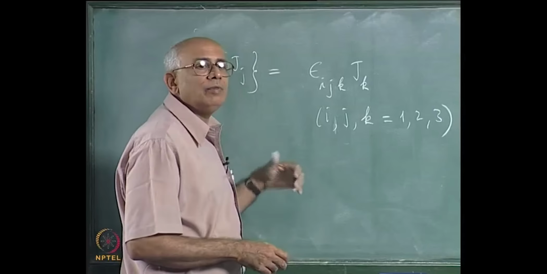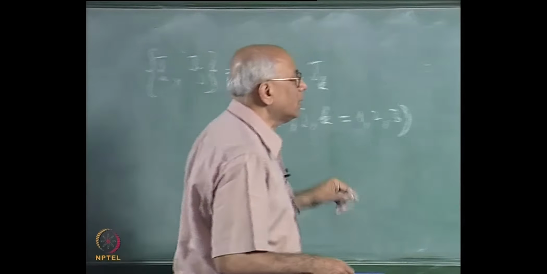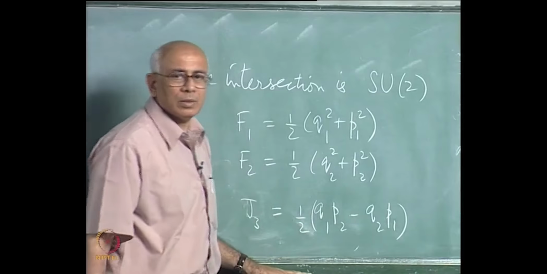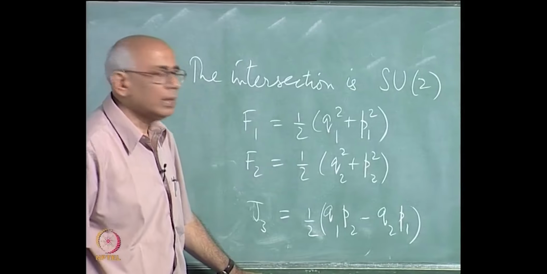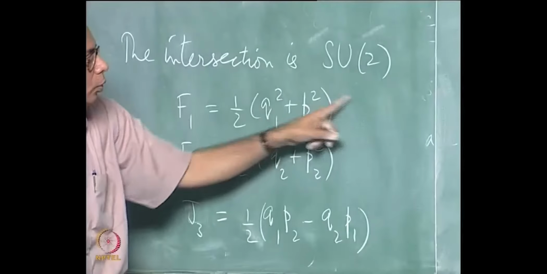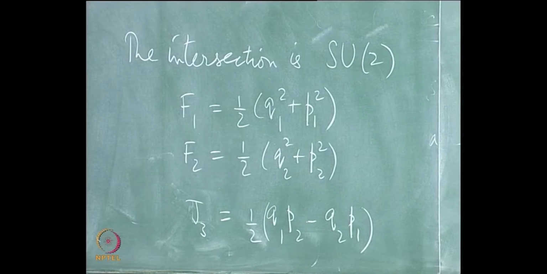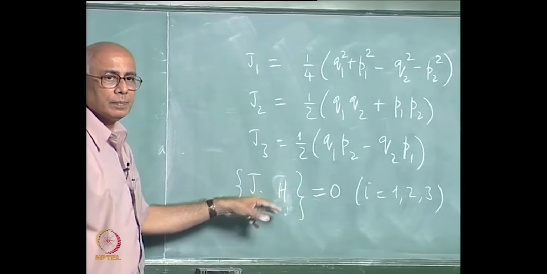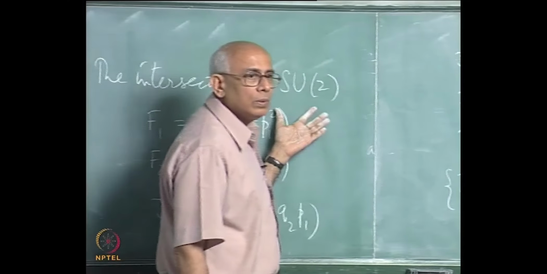So in some funny fashion angular momentum algebra in 3 dimensions is related to the dynamical symmetry group of the 2-dimensional isotropic oscillator, and the reason is group theoretical, it is purely algebraic. It turns out that this group is generated by 3 combinations of Q's and P's which are precisely these 3 quantities. They are, if you like, the generators of this group SU2.